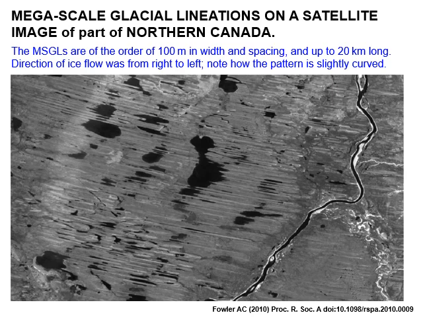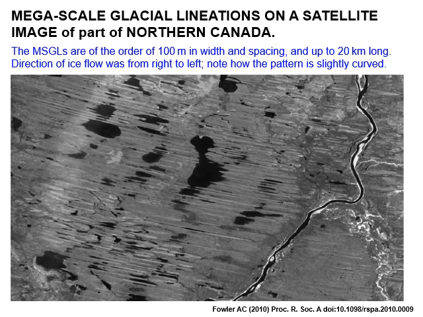Here you see a satellite image of the mega-scale glacial lineations in northern Canada, and I used this image as the cover of this particular lecture, so now you can recognize the landform in it. The mega-scale glacial lineations here are about 100 meters wide and 100 meters spaced, and they are about 20 kilometers long.